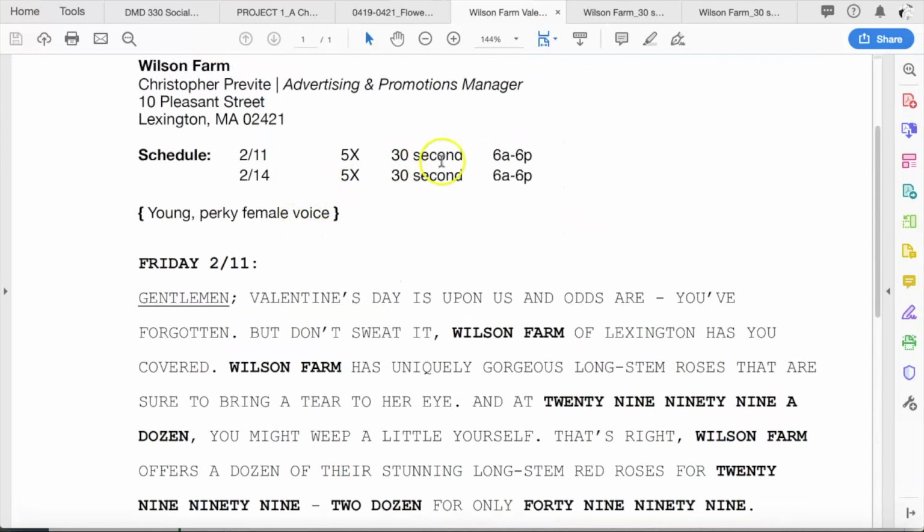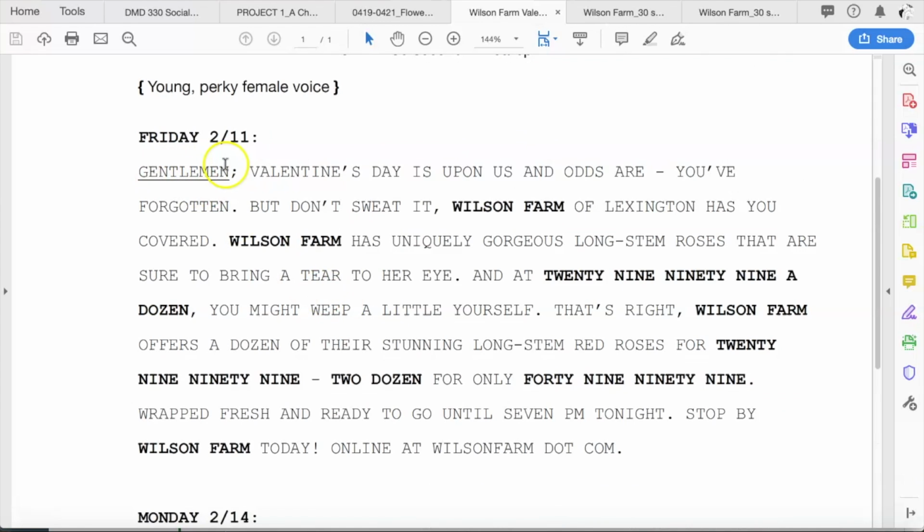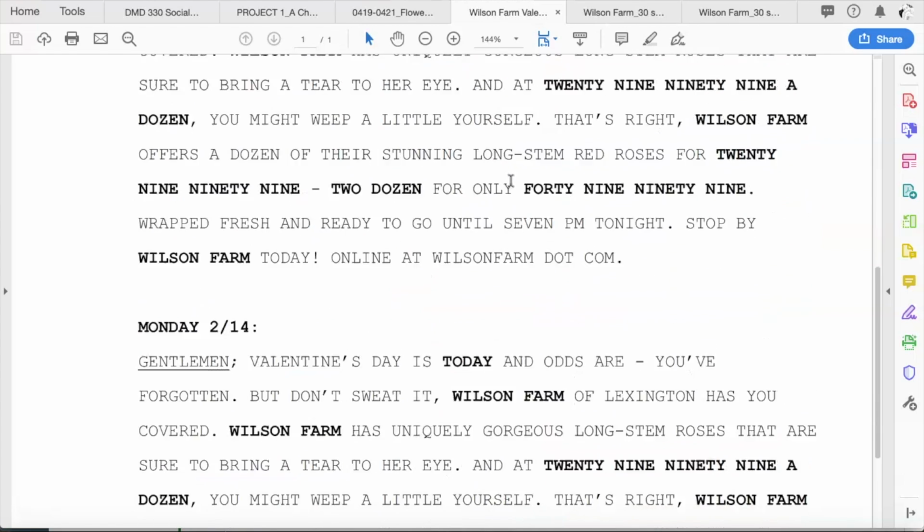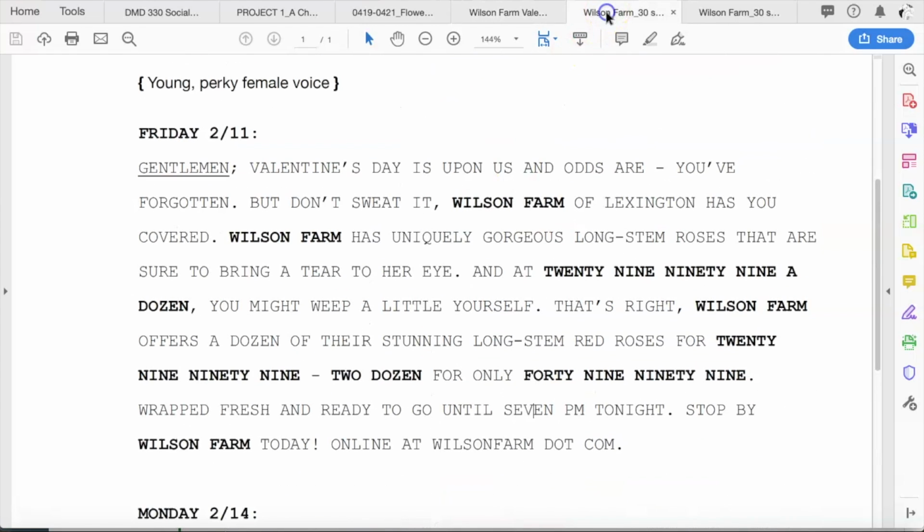And these, of course, are 30-second ads. Again, there's an underlined word, so that's meant to have a different type of emphasis than just bolding it. Also, things like exclamation points come in handy if you really want to make a sort of a heavier call to action, like really implore people to go do something.